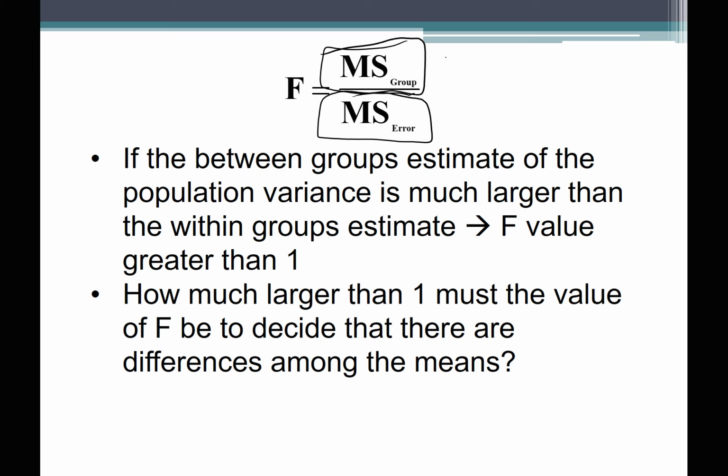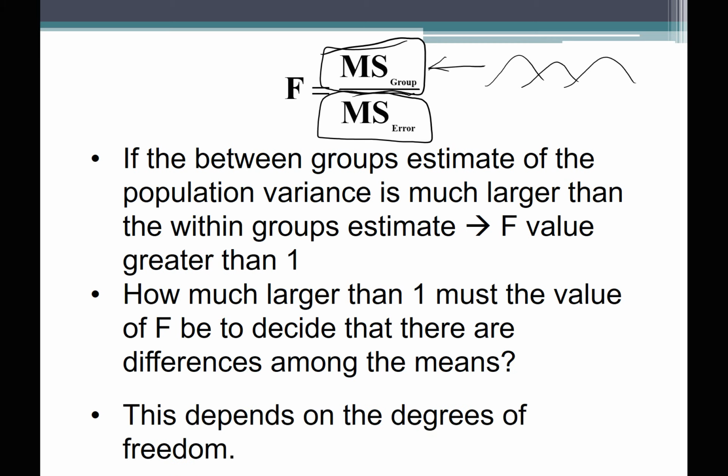But if this one is bigger, meaning that our means are different, then it's going to be bigger than 1. So how much larger than 1 does our value have to be in order to decide whether there's a difference or not? That depends on the degrees of freedom. That's why in the F table, you have to look up degrees of freedom for the group and degrees of freedom for the error.